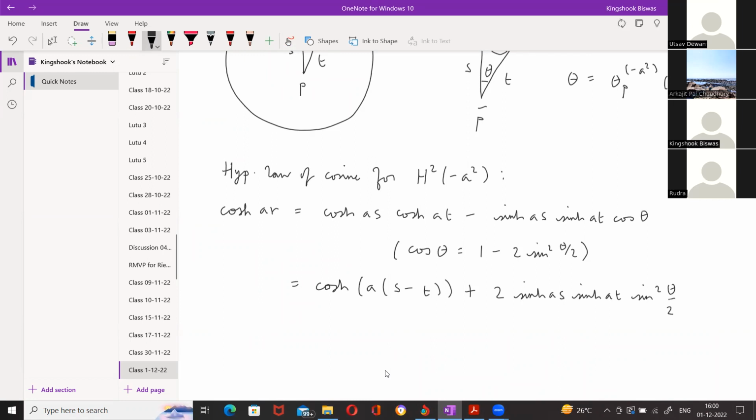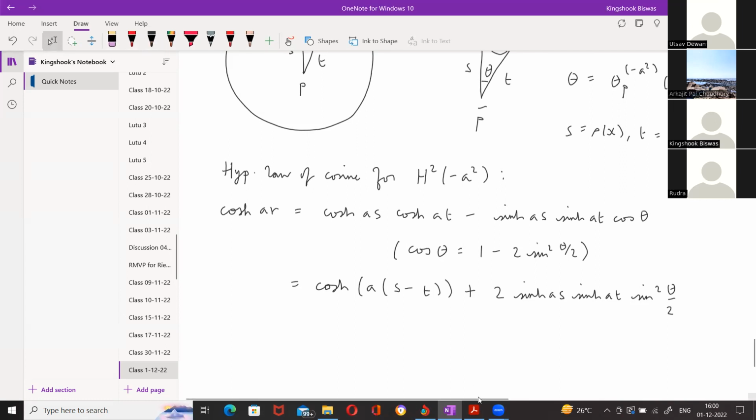All right. So here S is equal to rho X and T is equal to rho Y, and both of these are greater than or equal to 1.